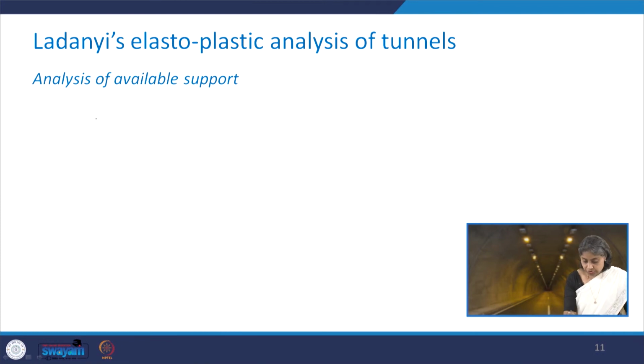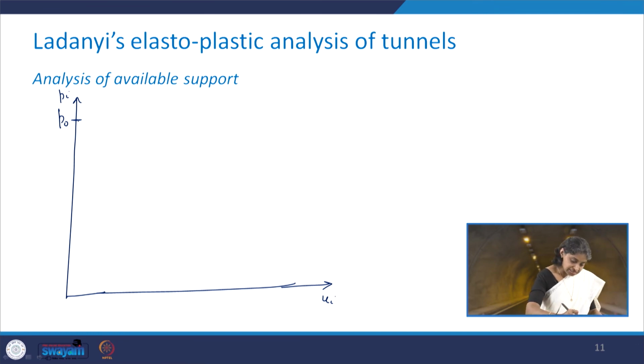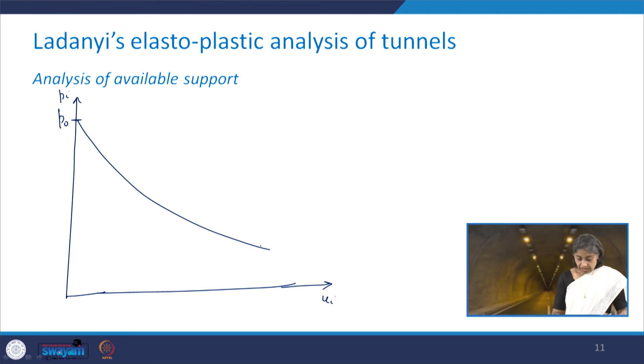So therefore, if we want to draw both together, that is the GRC as well as the support reaction curve, this is how it is going to look. This is ui, and here pi, and at the beginning I have p naught. And let me draw just one ground response curve. The initial deformation which is allowed is say uio.